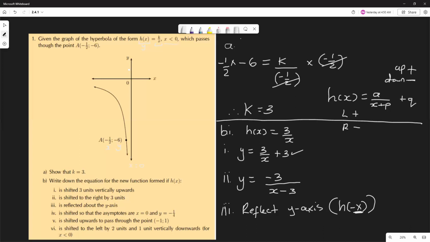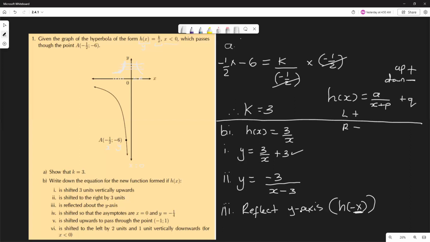Let me show you an example. Let's say you have a graph here. To reflect it about the y-axis, you are going to have it on this side now. The x values here were positive, now the x values are negative. The y values still stay the same. Do you see it?